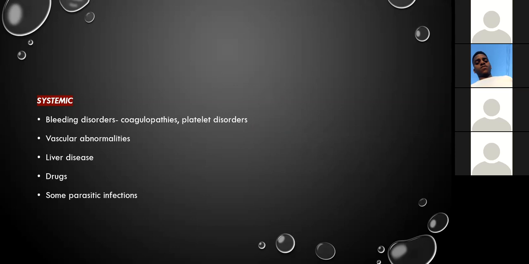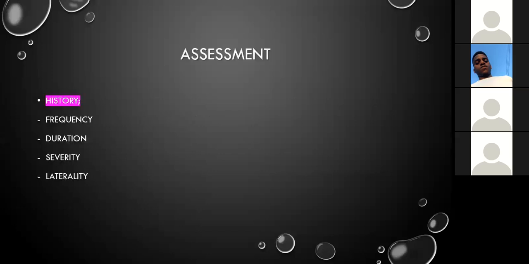Then you could also have some infections that affect the clotting capabilities of an individual. A good example of this is if someone has dengue fever or dengue hemorrhagic fever, you may end up with bleeding, but not only in the nasal cavity, also elsewhere in the body.